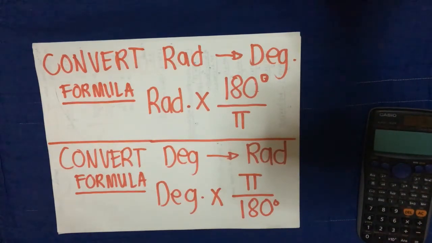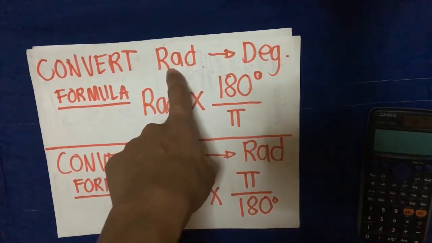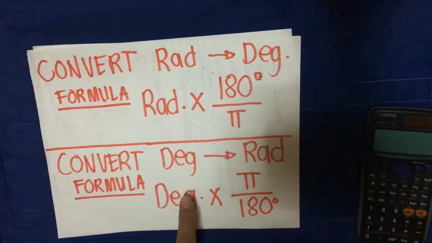In the first row or column, you have the degrees form and the radians form. So how are we going to see the equivalence of radians in degrees? These are the formulas for converting radians to degrees, and also degrees to radians.